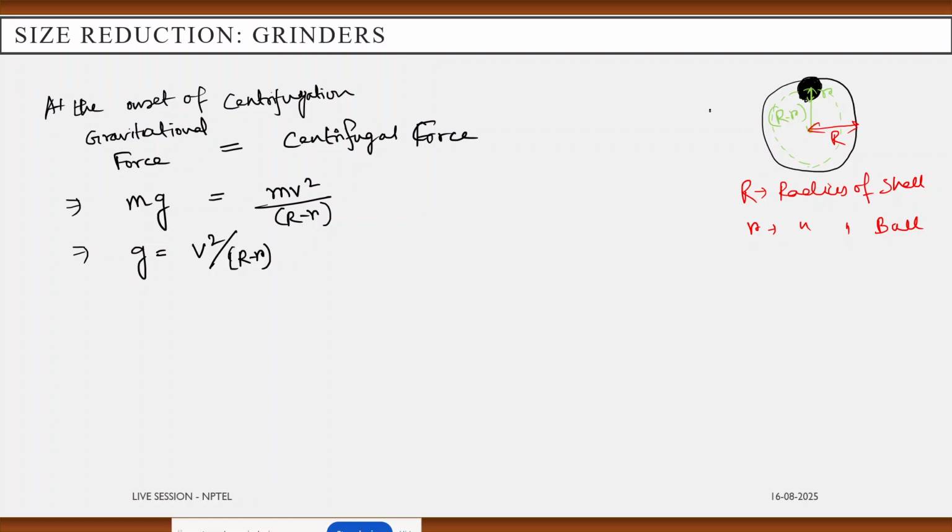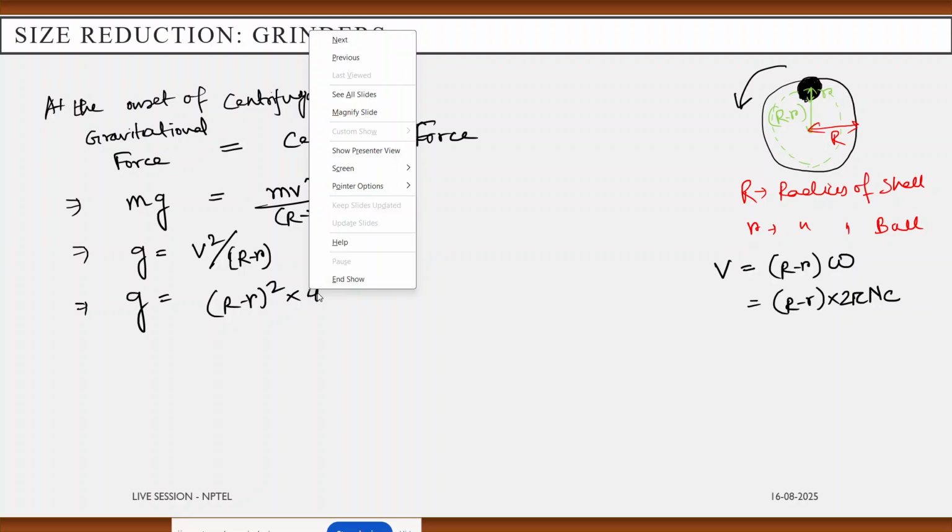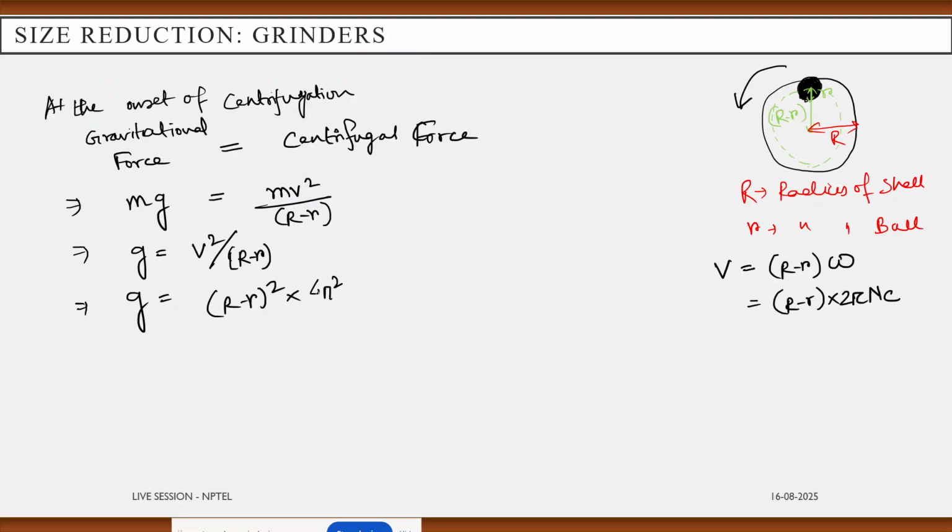We also know that it is rotating, so v can be written as capital R minus small r into omega, which is 2 pi nc. nc is the frequency or speed. So here we can write v square as 4 pi square nc square.